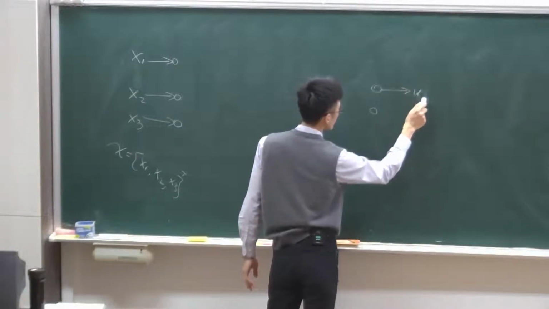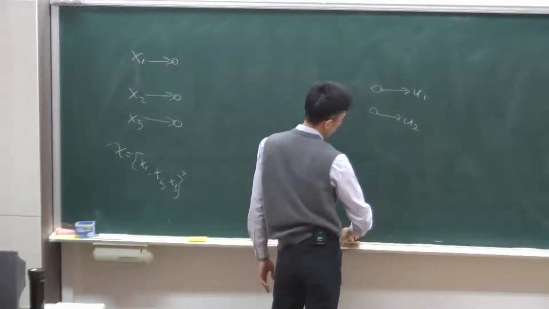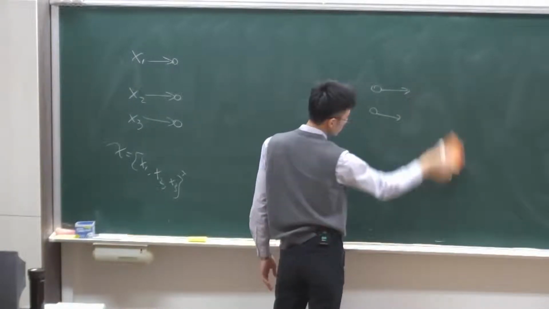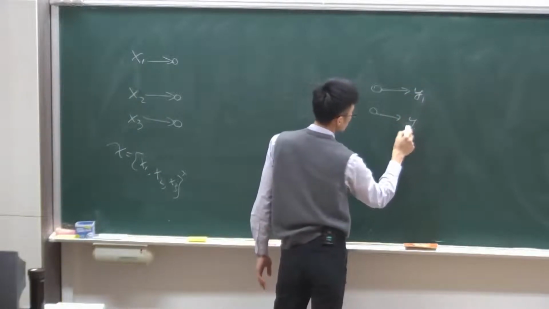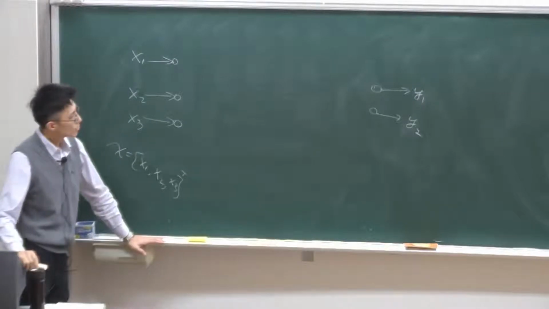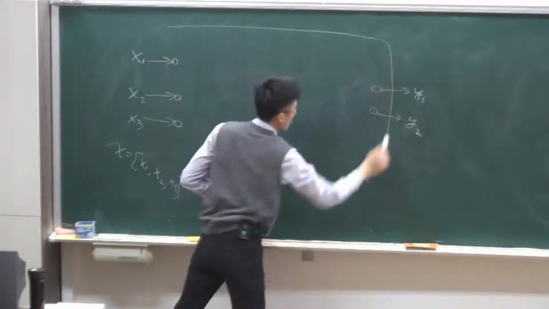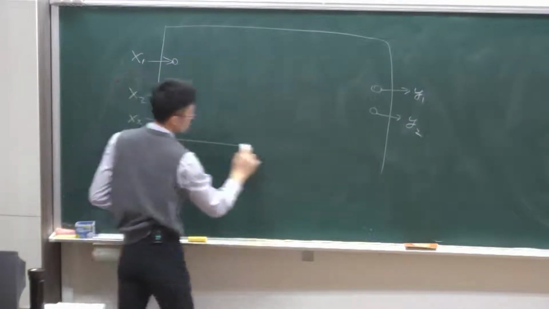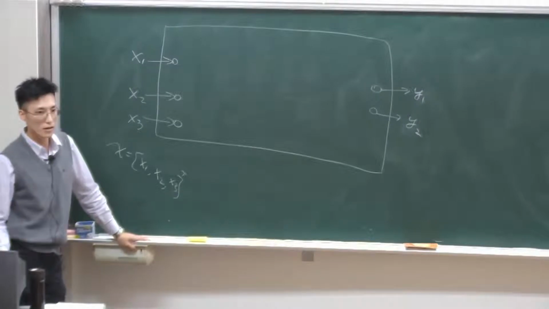Okay, u1, u2, or maybe not u, just y in general. And you want to use this black box to approximate a nonlinear function.